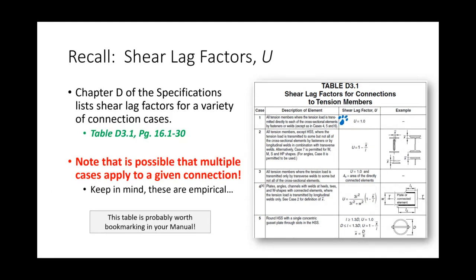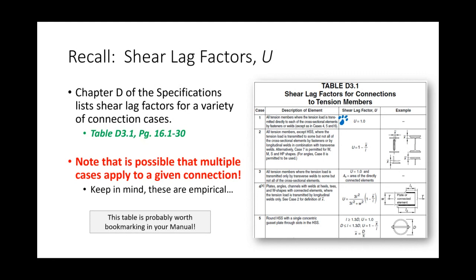Now, if you read case 1, remember when we first started looking at tension members, we said that if you look at the table, there's 8 different cases, but really the ones that dictate what's going on are either case 1 or case 2. It all springs from case 1 or case 2.